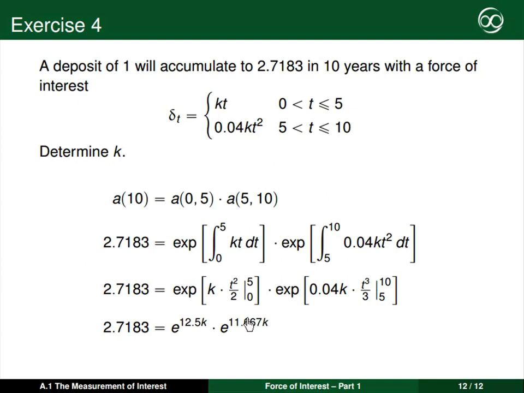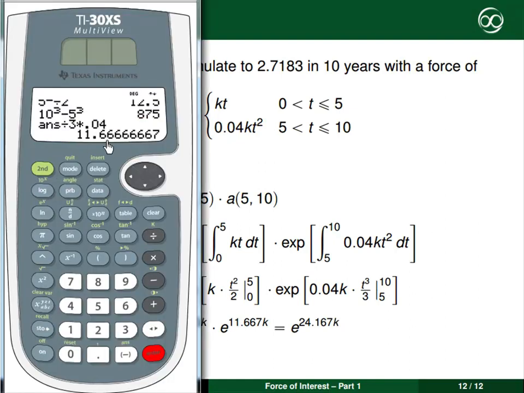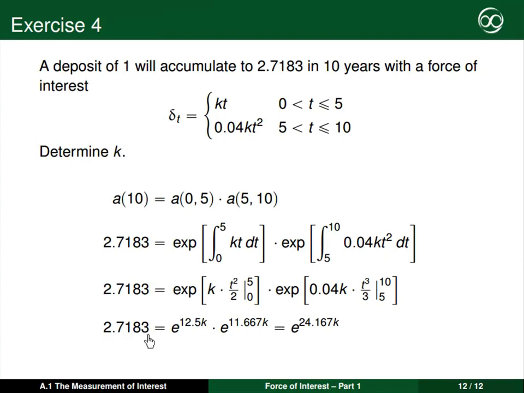Because I have e to the something times e to the something else, I can just add those two exponents. So all I have to do is take this 11.667 repeating and add back 12.5. So I get e to the 24.167k equal to 2.7183. Really all I need to do is take the natural log of both sides.